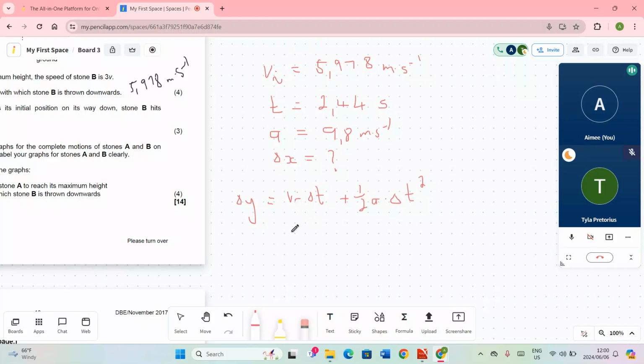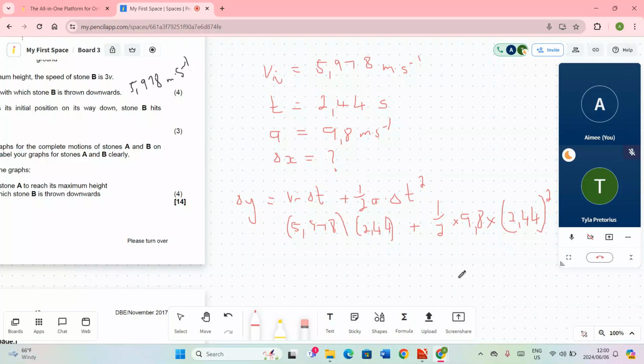And now we substitute in. Vi was 5.978, time was 2.44 seconds, plus half times 9.8 times 2.44 squared.